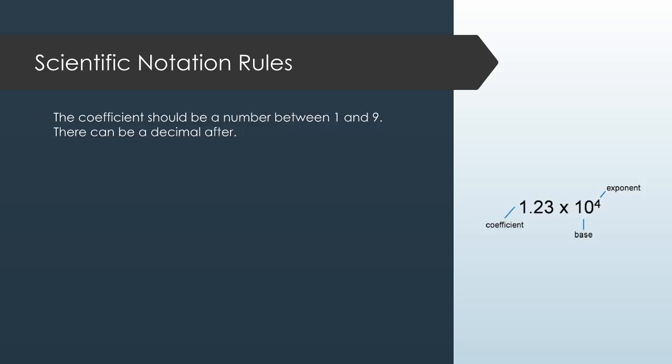It can't be 0, it can't be 10 or more. You always put the decimal place in a scientific notation number right after the first digit, and that first digit needs to be between 1 and 9. The base that the coefficient is multiplied by is always 10.